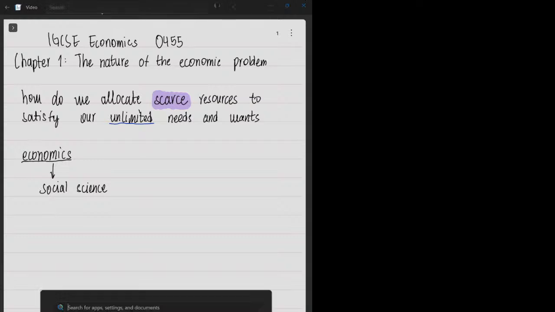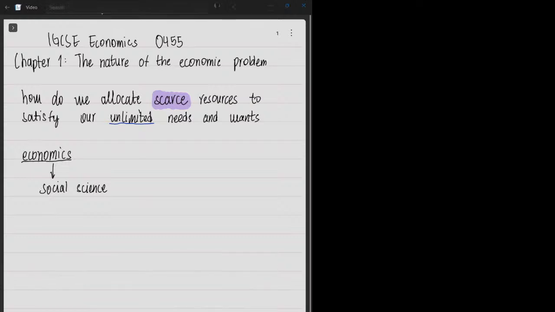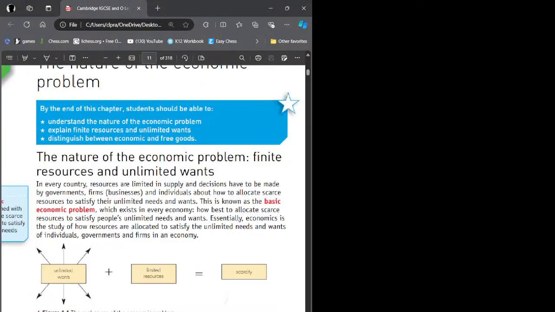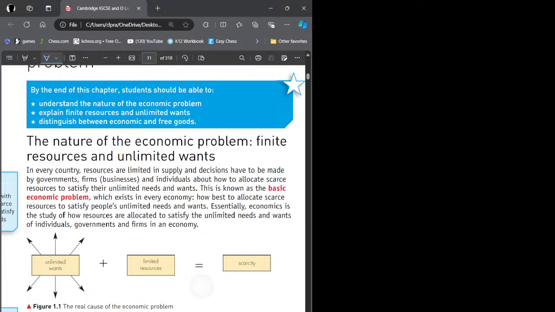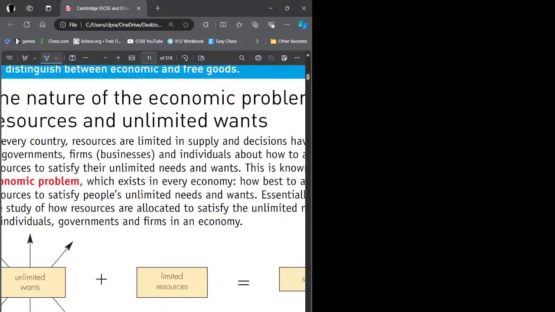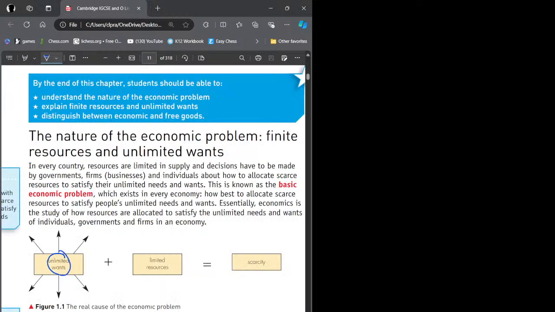So now in the textbook they have given a very nice diagrammatic representation over here. Look at the way they have presented it. We have unlimited wants that are going out continuously because they are unlimited. They have no stop. So unlimited wants with limited resources. We have very few of them.